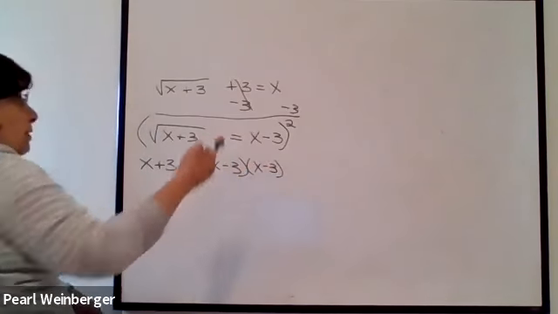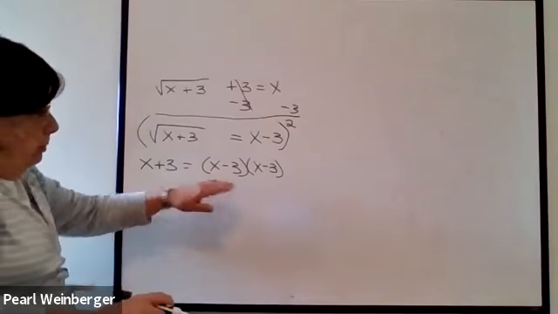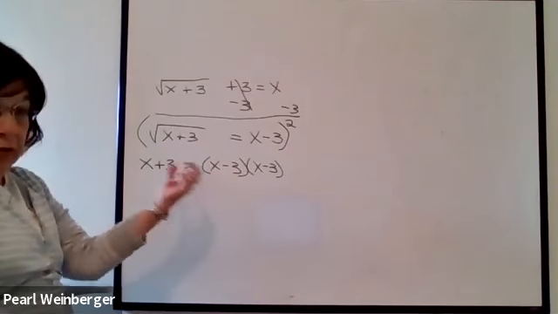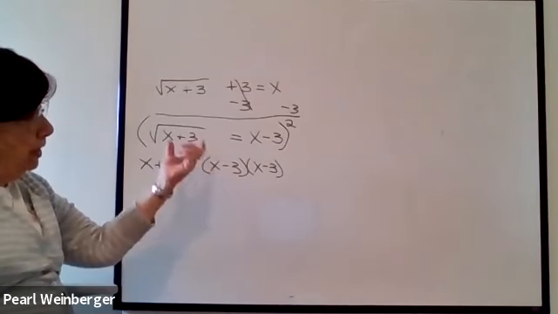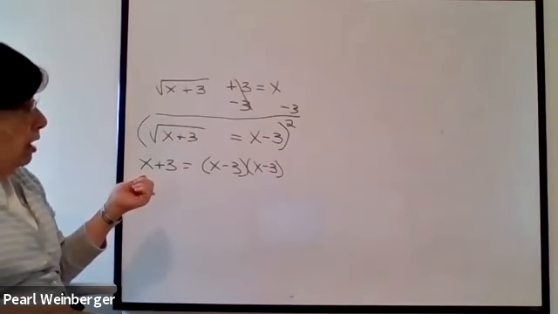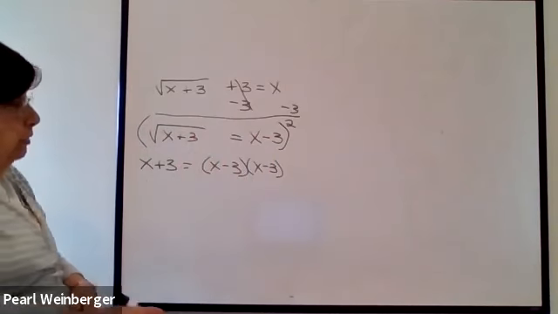I have to do x minus 3 squared. And this is a little bit harder than just multiplying a number by itself because this is a binomial. I have to square the binomial x minus 3. It doesn't have a radical on top of it, so I actually have to multiply by itself.